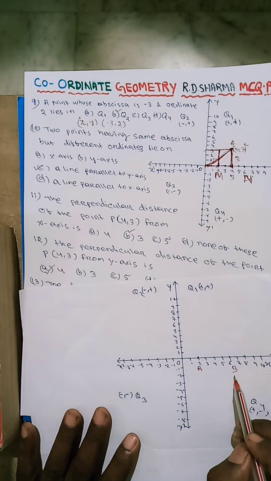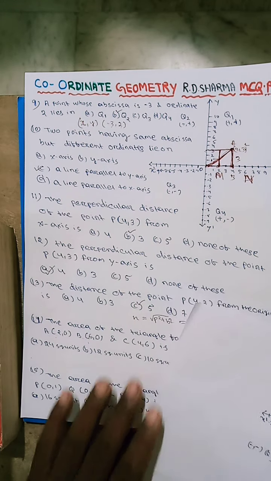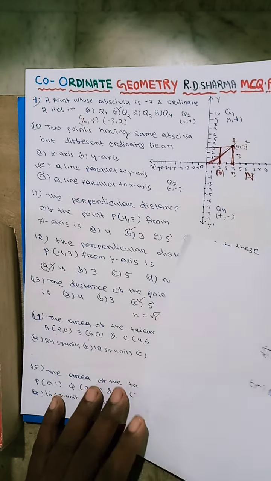This is the B point, and another point C, which is equal to (4, 6). 4, 6 means this point. Join the points ABC. A point (2, 0), B point (6, 0), C point (4, 6). You have to find the area of the triangle.